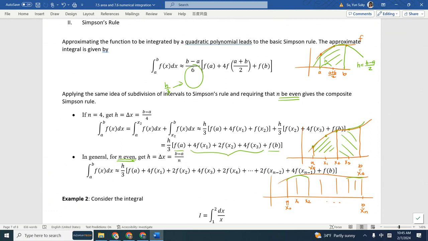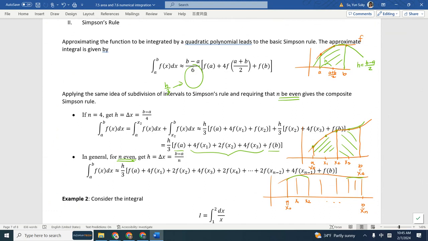So this is the formula. The formula is h over 3, and then we have the left endpoint 1 copy, the midpoint 4 copies, and the right endpoint 1 copy. So this is one block of the Simpson's method area. But what happens if n is 4? Each block needs 3 points.